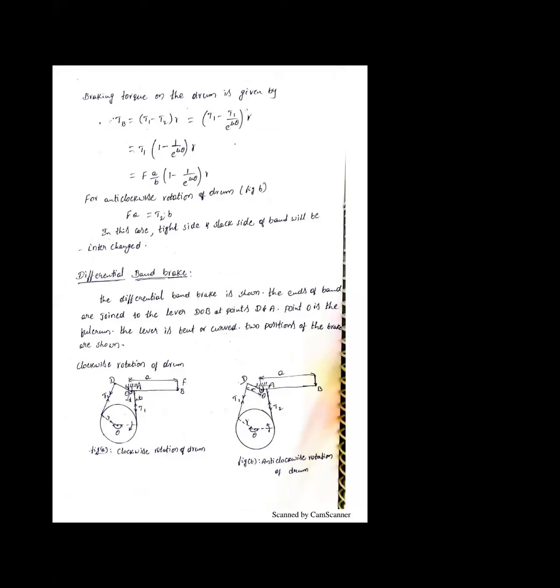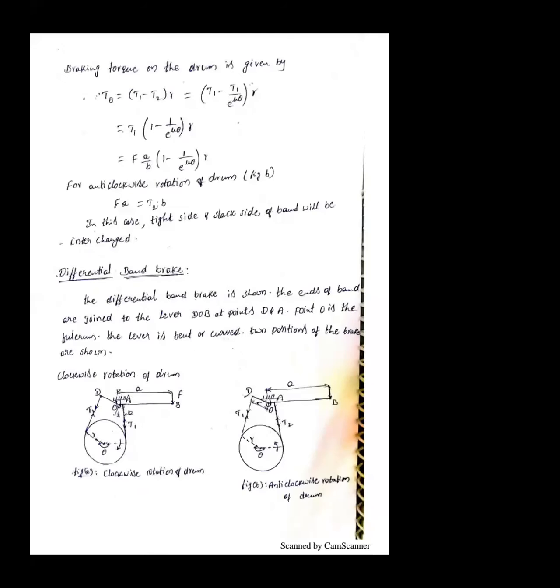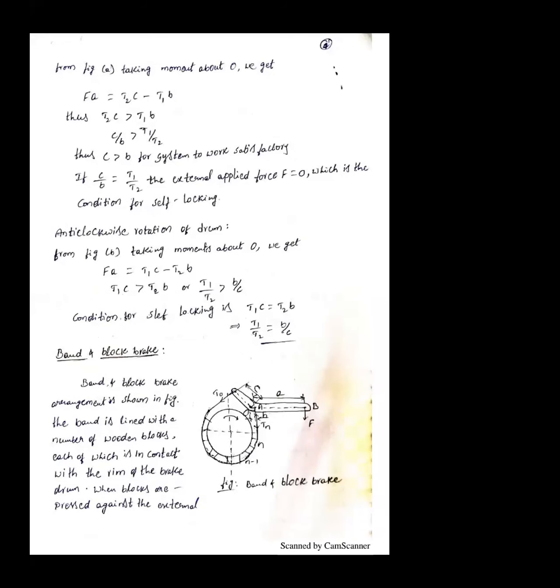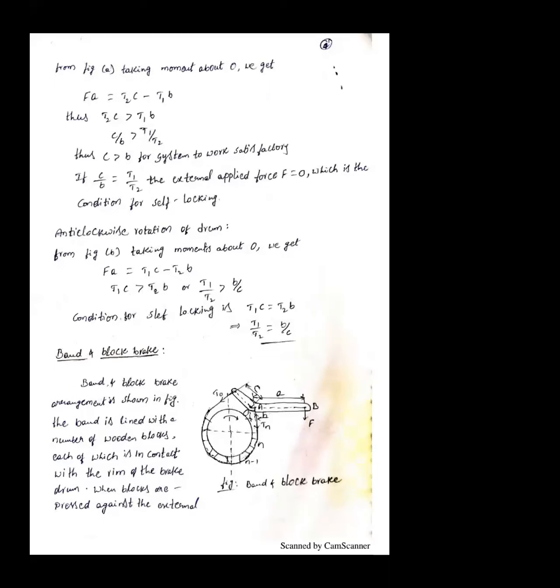Now we write the equilibrium condition: FA plus T2B minus T1C equals 0.